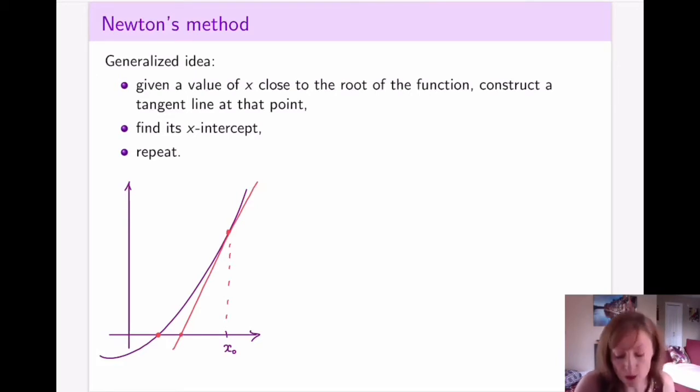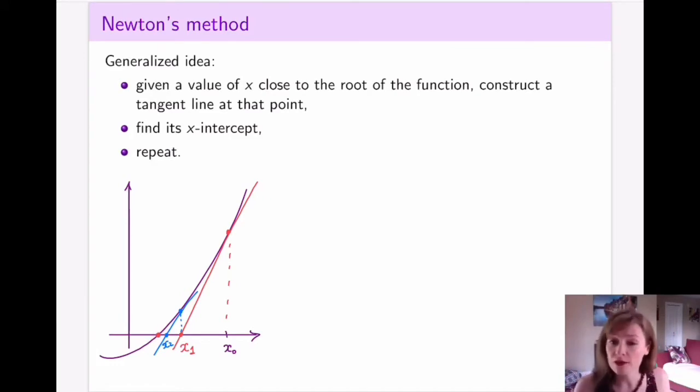The x-intercept of that line is our next approximation. So let's call this one x1, and then we can do it again. So then using x1 as our point, now I go back up to the function, construct a tangent line. My next approximation is going to be x2, and so on. And you can see how I'm getting closer and closer to my point of interest, which is the x-intercept of the function itself. This is what it looks like on a graph.